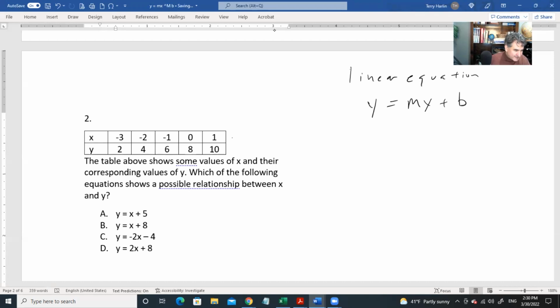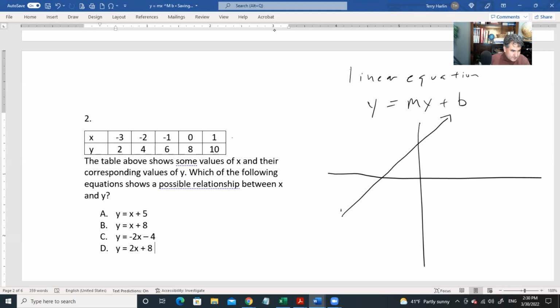Now, let's talk about really quickly what y-intercept and slope mean in terms of a graph. So in any line that is not vertical, what is the y-intercept?